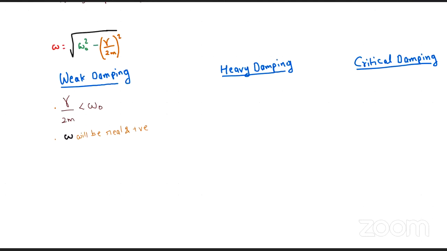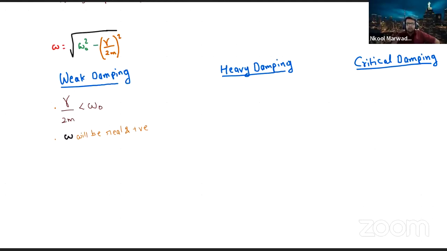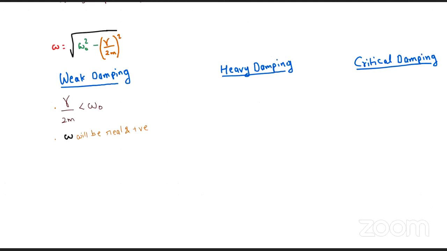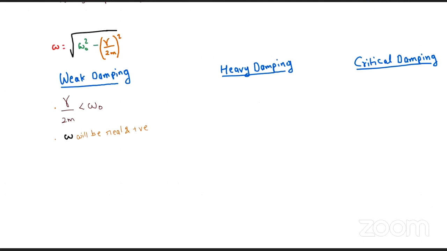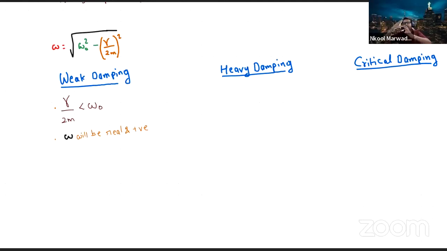It is not that damping is taking place instantly. Since the angular frequency is real and positive, it will take a good amount of time for the amplitude to decrease to zero. So the damping will take place slowly, and hence it's a weak damping.